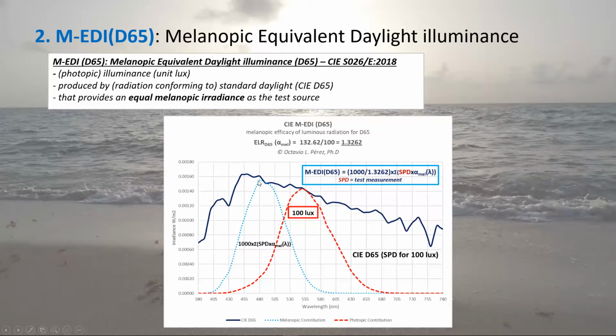And this is what we are going to do to evaluate this melanopic. We will calculate this one and go to D65 and check which is the visual illuminance that we are getting.